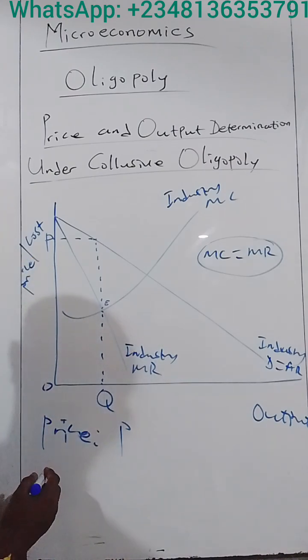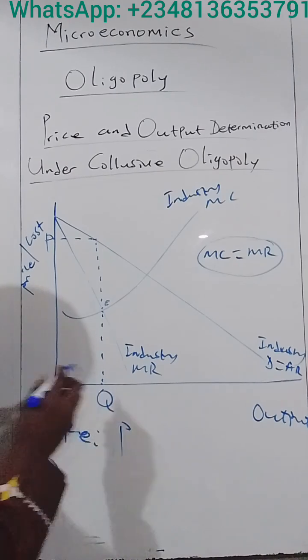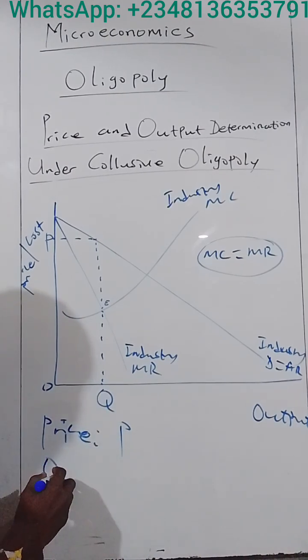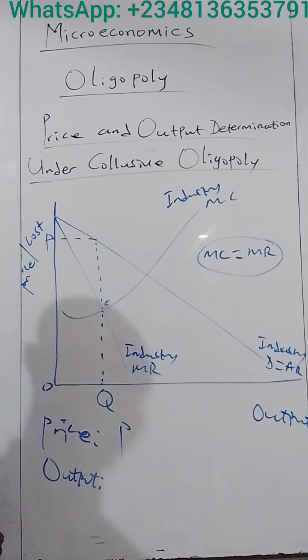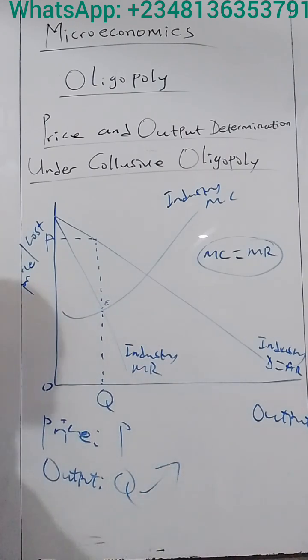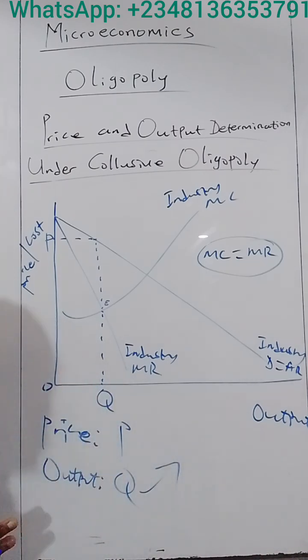And the output these firms are going to produce and supply to the market will be Q, and this Q will be shared by all the firms that have come together to collude in the market.